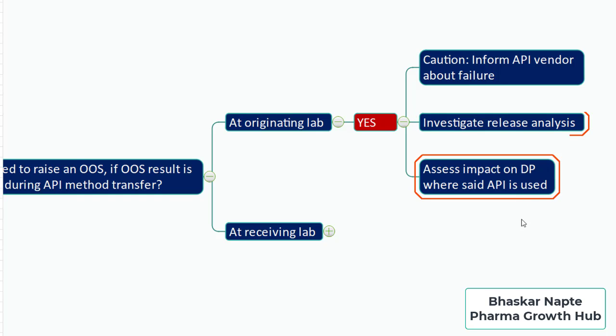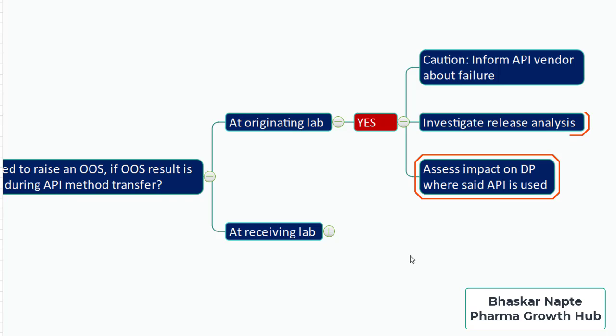And in case the same API lot has been used for manufacturing of the drug product, then you have to also assess the impact of the API's out of specification on the drug product's quality. So this is how you should deal with the out of spec result if it occurs at the originating lab.